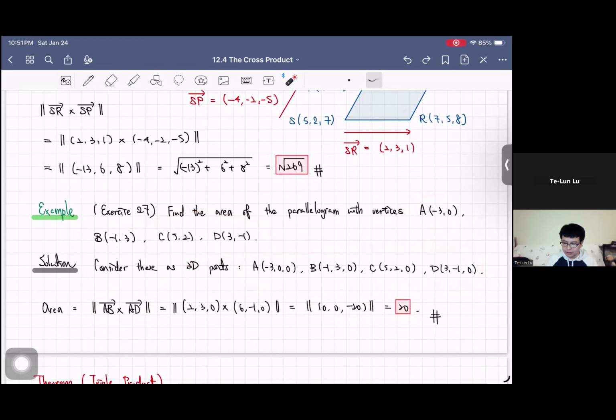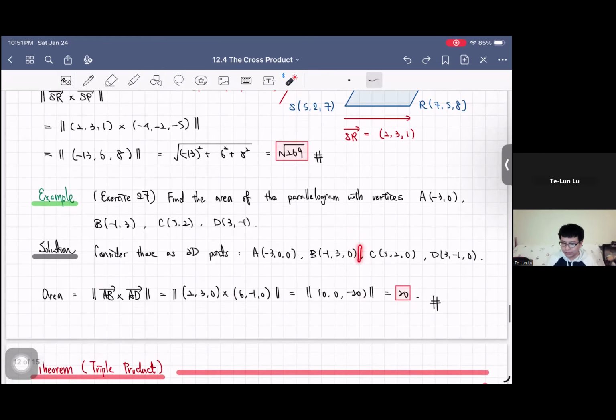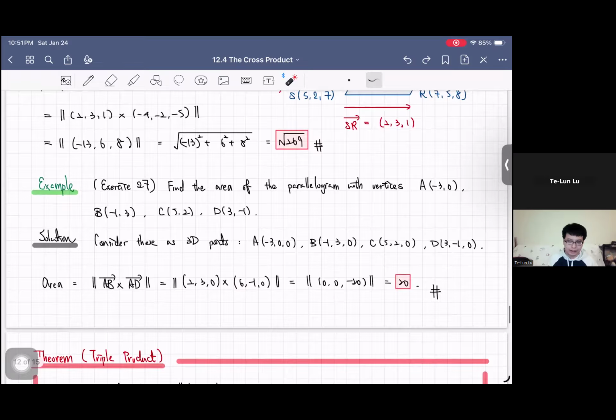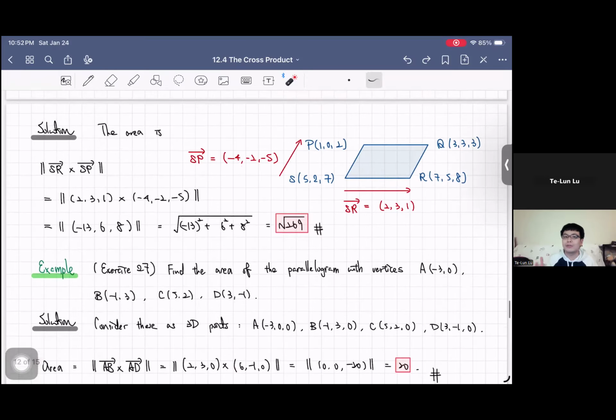And you can note that it is very intuitive why there is only a z coordinate here, because given the XY plane, the exact direction that is orthogonal to the XY plane is the z direction, right? Either plus k or minus k. So that's why there's only a z coordinate here. And that's how we get the area for a parallelogram in a 2D space.